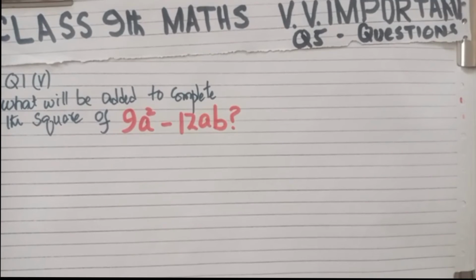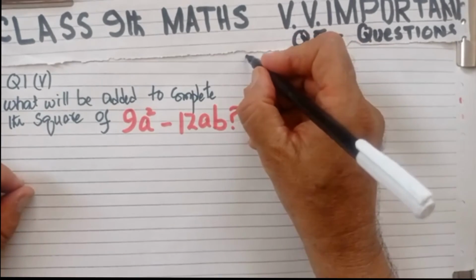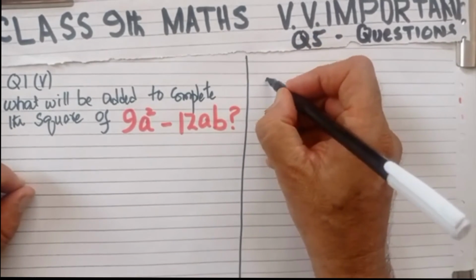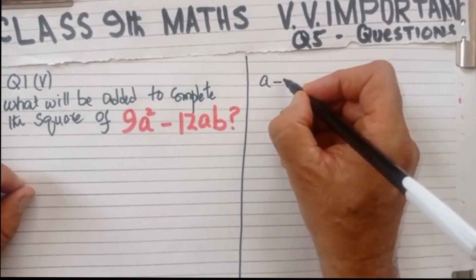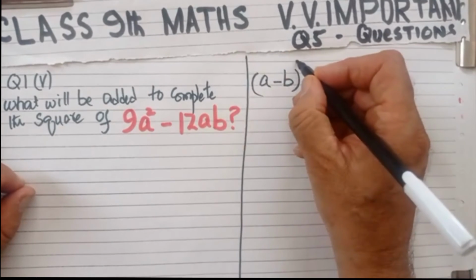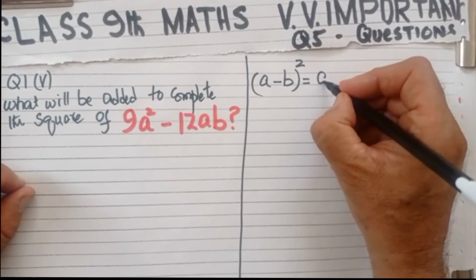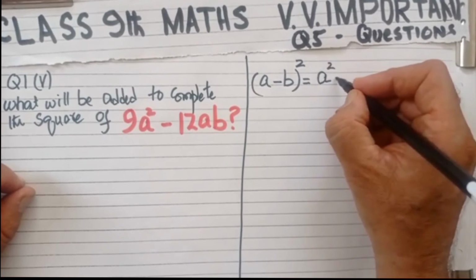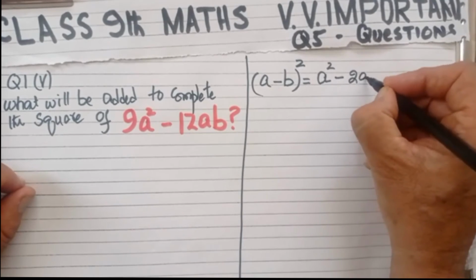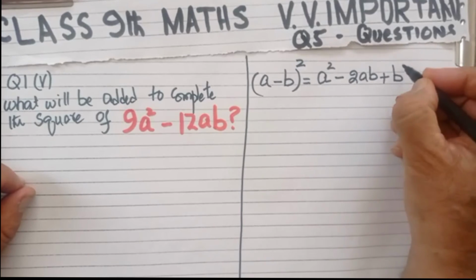So if I want to write, now see here, please, your attention is requested, that is a minus b whole square. So that is always equal to a square minus 2ab plus b square.